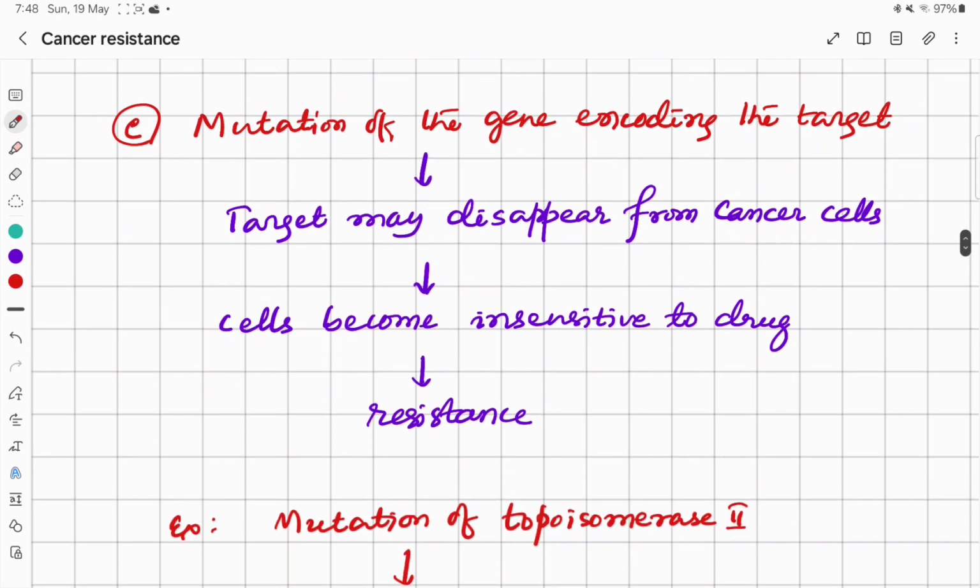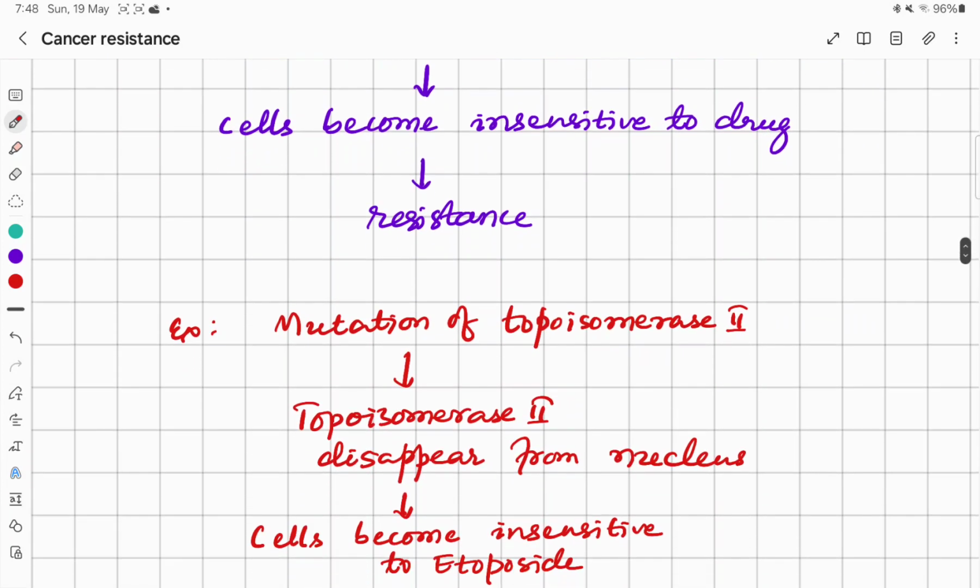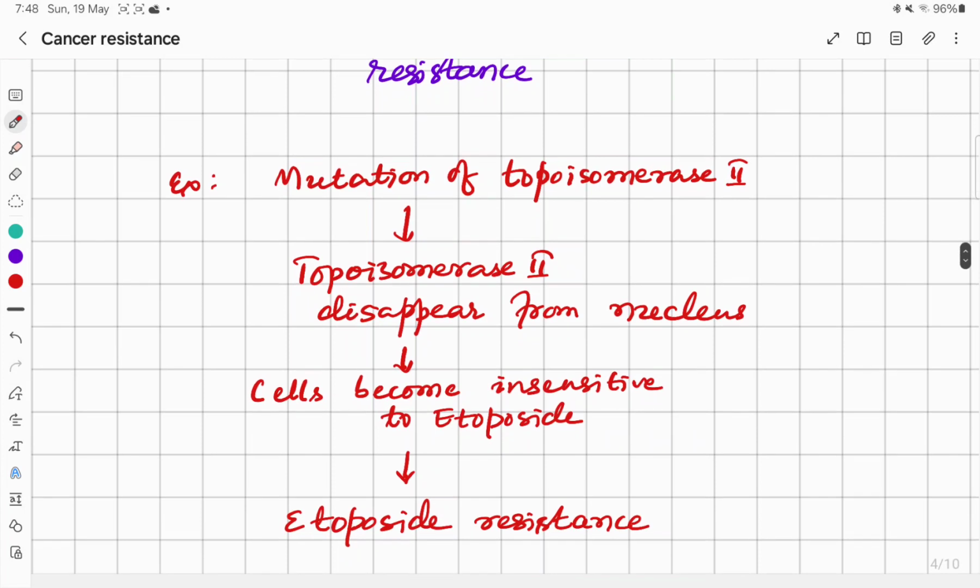The third mechanism under altering the target is mutation of the gene encoding the target. If there is mutation of the gene encoding the target, then the target may disappear from cancer cells and cells become insensitive to the drug, and resistance occurs. For example, mutation of topoisomerase 2.